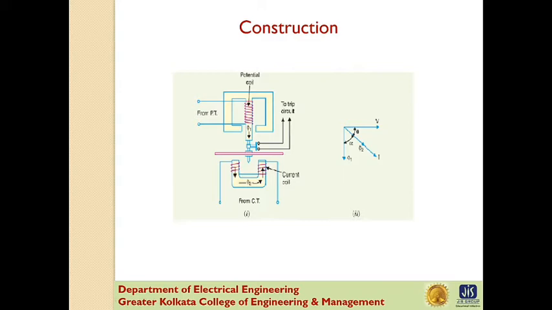The current coil is provided with a number of tappings connected to the plug setting bridge. In this figure it is not shown for clarity. This permits to have any desired current setting. The restraining torque is provided by a spiral spring.